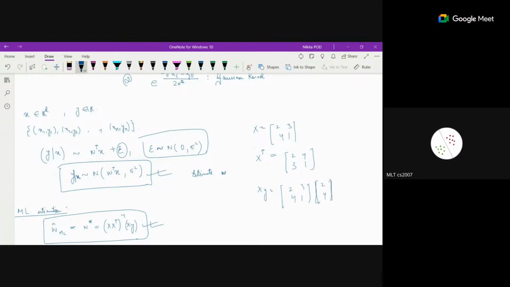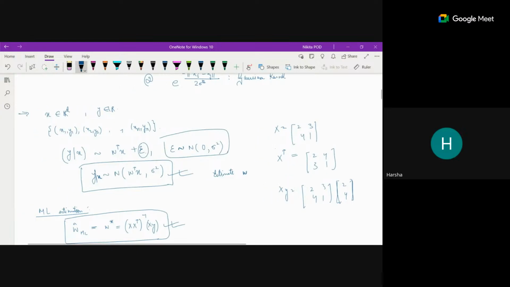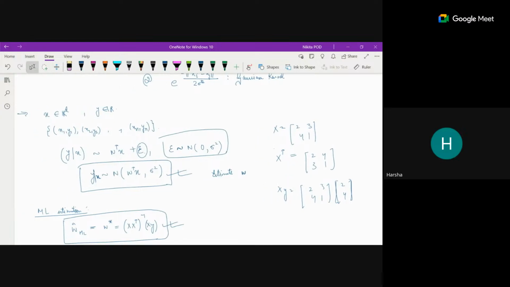Okay, so is this how it is? When I tried this, the answer which I got didn't match the question in the question paper. That's why I asked. Is it like this or the opposite of this? The x is 2 4 3 1 and then xt is this one.